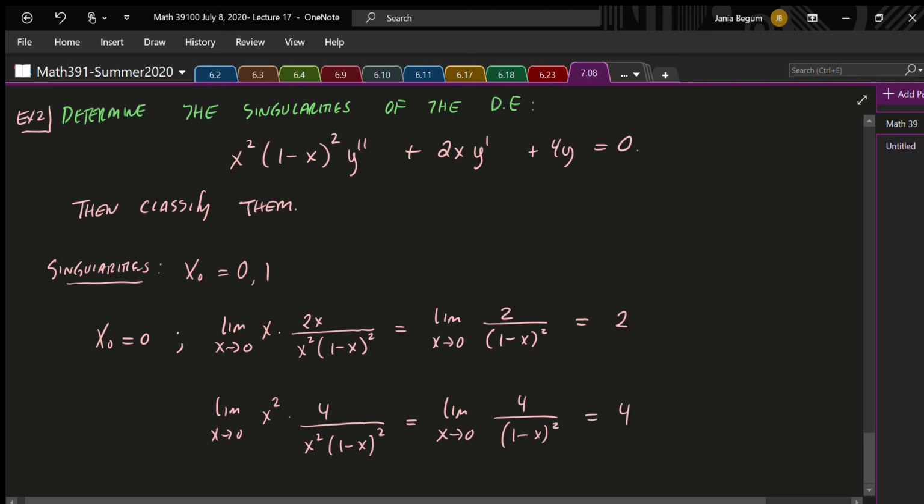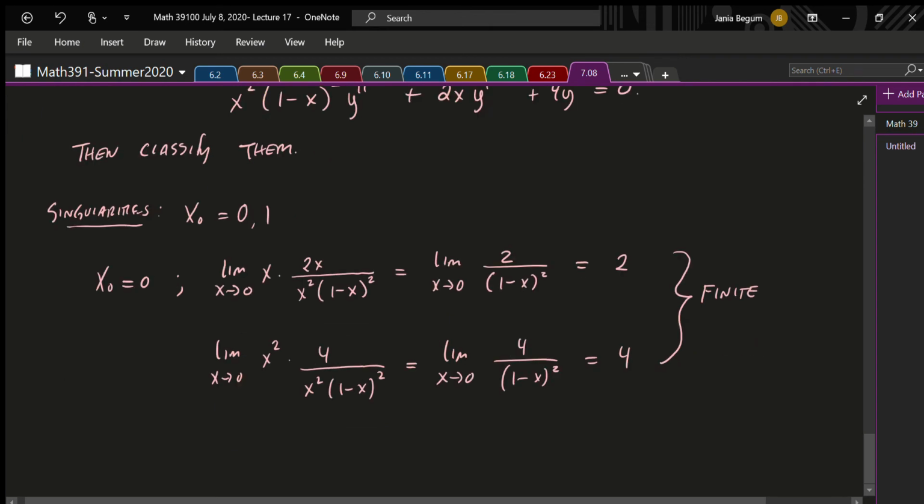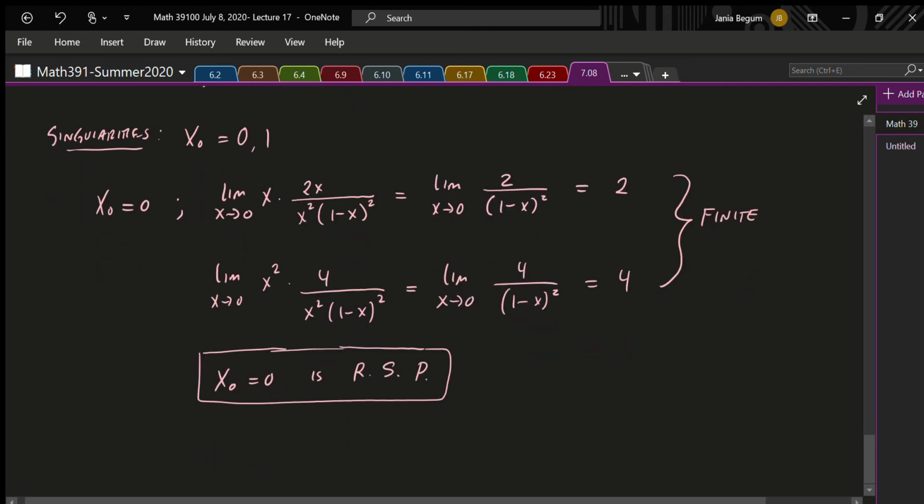So again, finite. Because they're both finite, we conclude that x naught equals 0 is a regular singular point. Okay. Any questions? Let's do the second one.